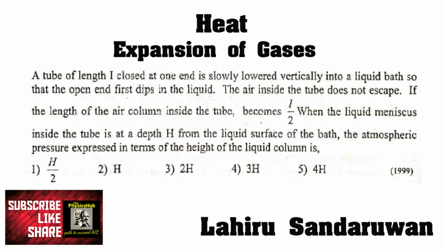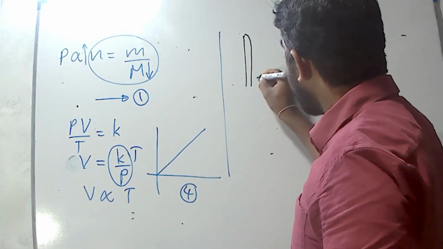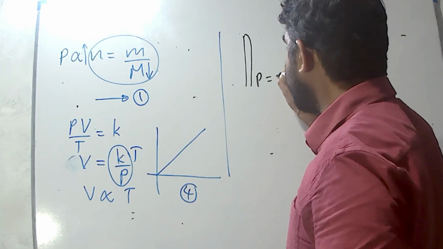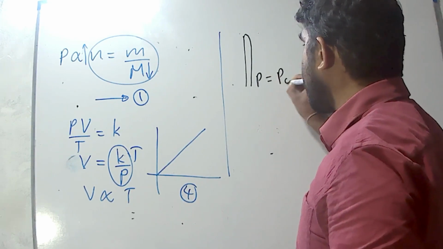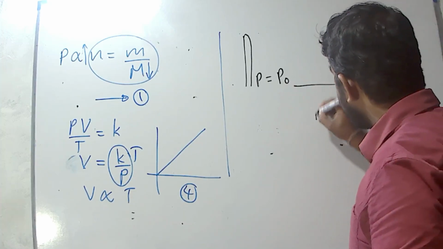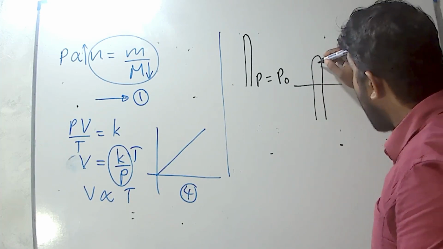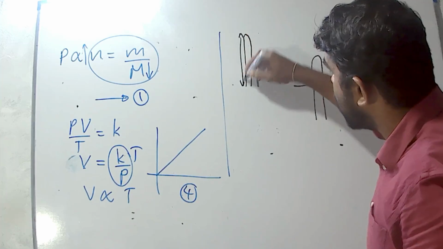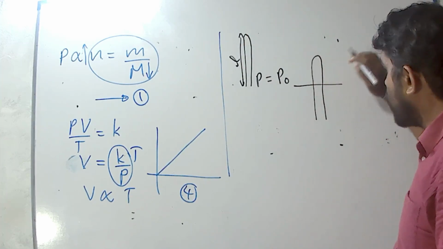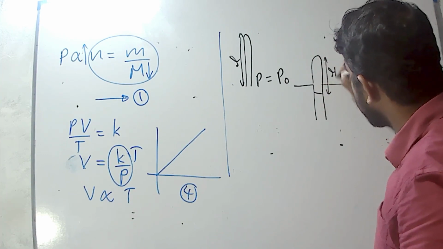Find the atmospheric pressure expressed in terms of height of liquid column. For the initial situation, pressure is atmospheric pressure, which I will consider as P0. After immersing it in the liquid, the volume is half because the initial length was L and now the length of the air column is L over 2.